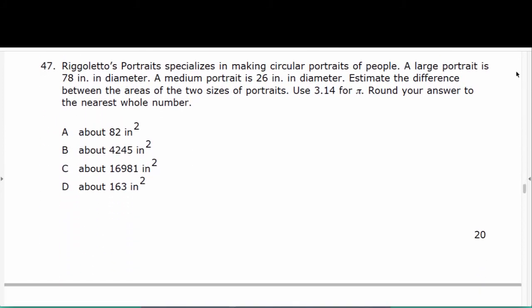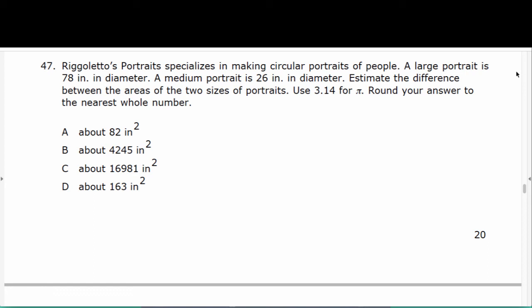Question 47. Rigoletto's Portraits specializes in making circular portraits of people. A large portrait is 78 inches in diameter. A medium portrait is 26 inches in diameter. Estimate the difference between the areas of the two sizes of portraits. Use 3.14 for pi.